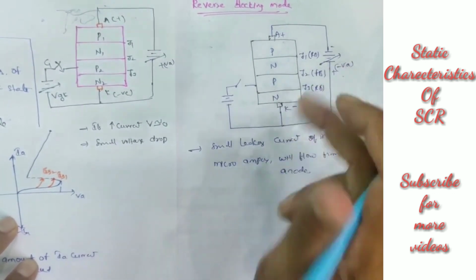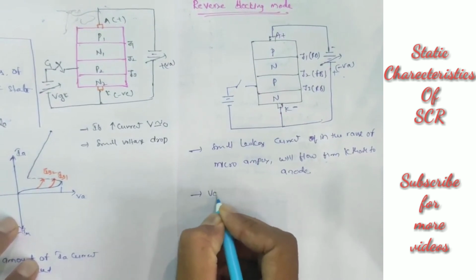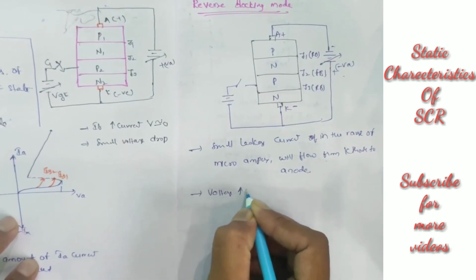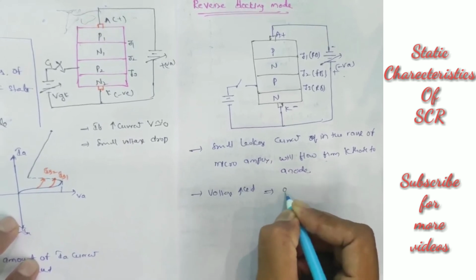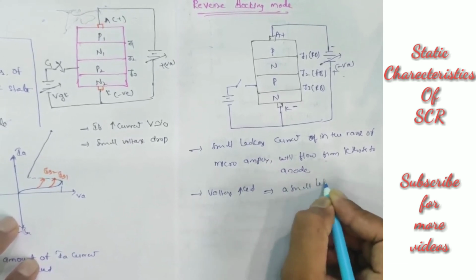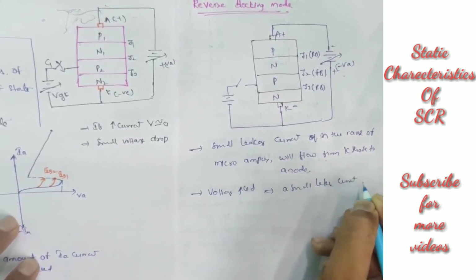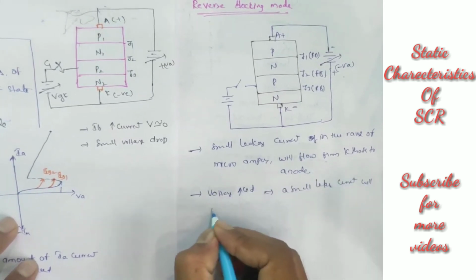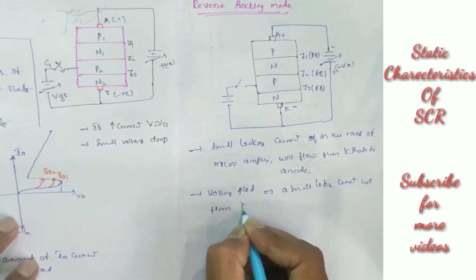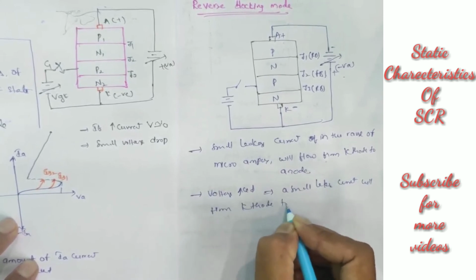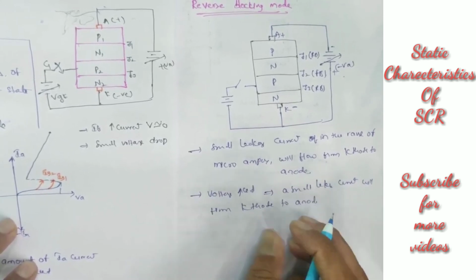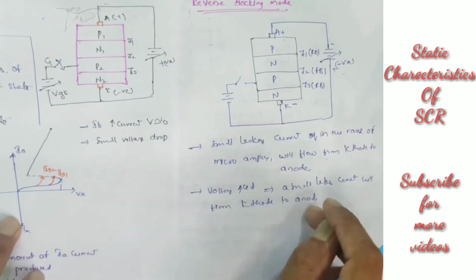Due to this reverse bias, the voltage is increased. A small leakage current will flow from cathode to anode. Why is the current flowing from cathode to anode?